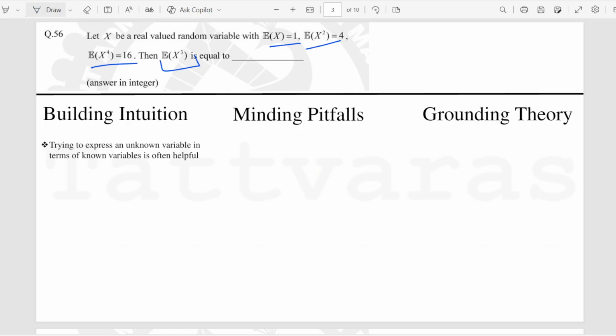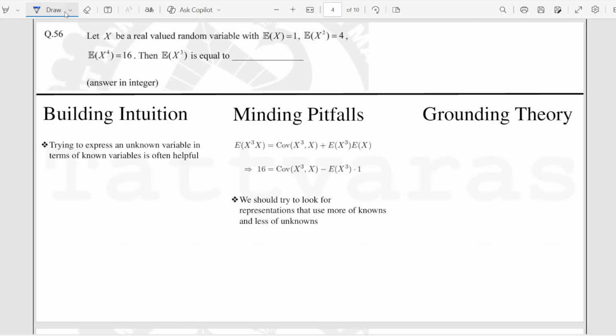And the way we do it is taking note of the covariance formula. Essentially, the covariance of two random variables is the expectation of the product minus the product of expectations, and then you can just rearrange that to have something which involves variables that are already known to us.